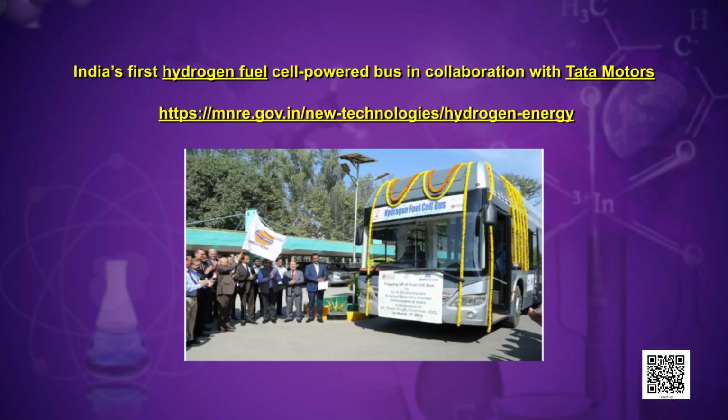Now, you can see the reference for a website where Government of India's policy for use of dihydrogen as a fuel is given in detail. And you must be happy to know that India's first hydrogen powered bus was trial tested in collaboration with Tata Motors, and this is a picture of that bus.